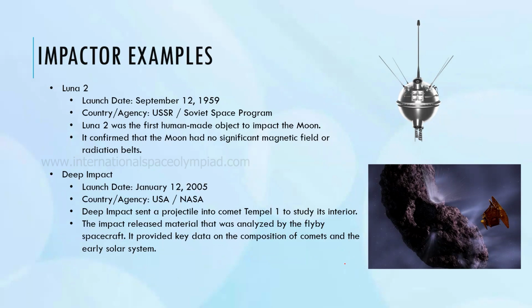Then Deep Impact is another interesting one. It did not impact a big object. It was a projectile impactor that hit the comet Tempel 1, and the released material was analyzed by the flyby spacecraft. So that is about Tempel 1.